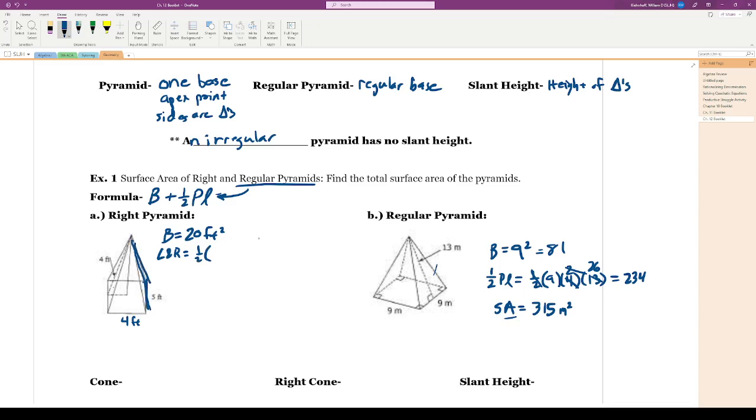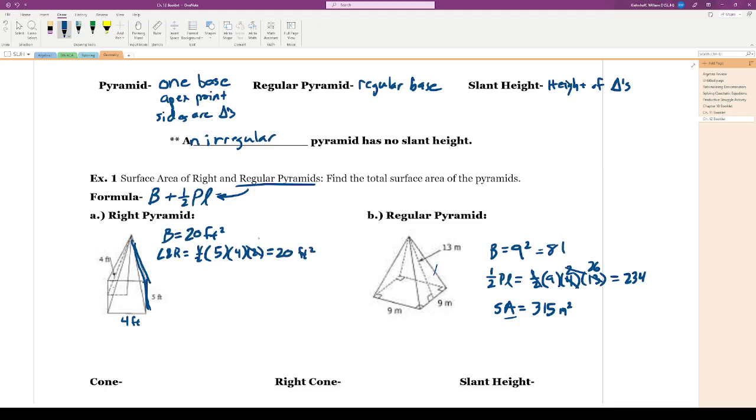Its base is 5, and its height is this 4 right here. So those were actually pretty easy. And there's 2 of those, so I'm going to do times 2 and cancel out that 1/2. So our left and right area is 20 square feet. So that was pretty easy too.